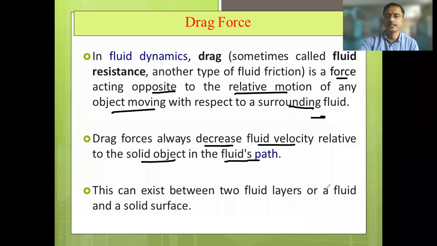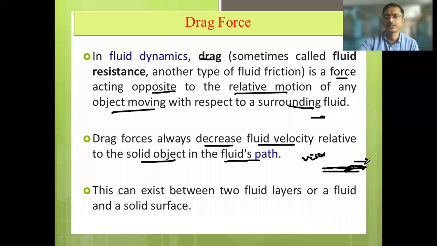So this drag, just as we have seen in unit number 1, one layer of the fluid creates resistance to the movement of another layer, and we call it viscosity. So this drag force we can also call a viscous effect. Due to viscosity, it is trying to pull this layer in the backward direction.